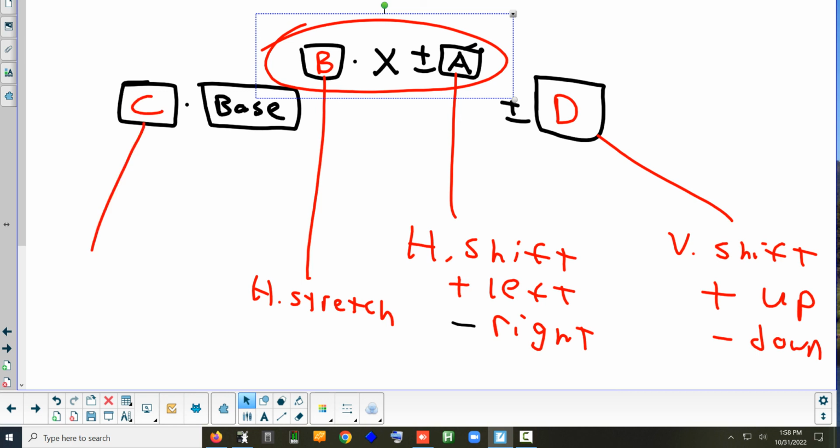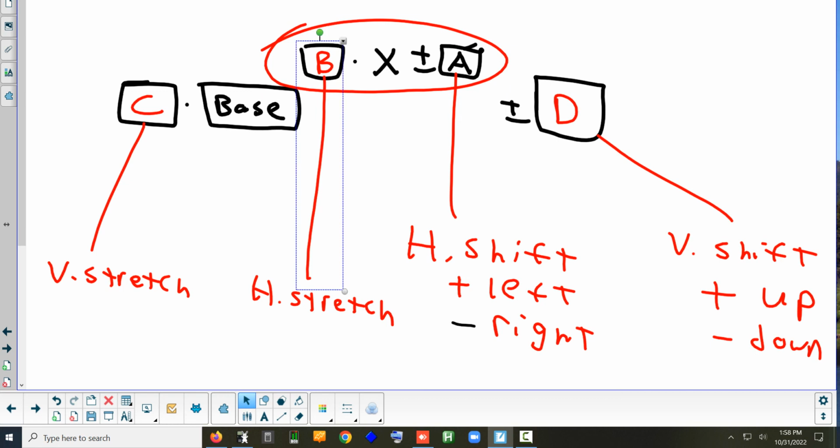And how about C? It's multiplying like B is, but this time it's outside the exponent. So look at the two things. Multiplying tells you one thing. Outside the exponent tells you something else. Yep. It's your vertical stretch. And we usually write vertical stretch by a factor of, and then put the number. Now, one other thing that can happen with B and C is they could be negatives.